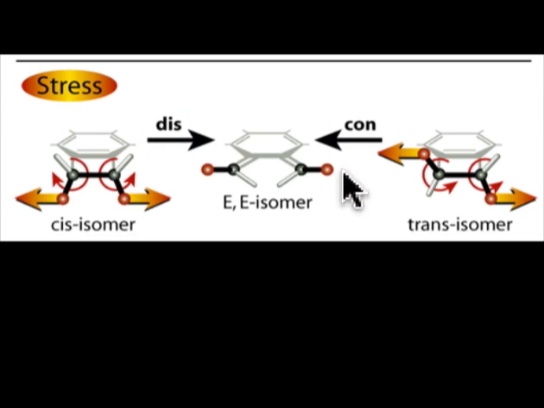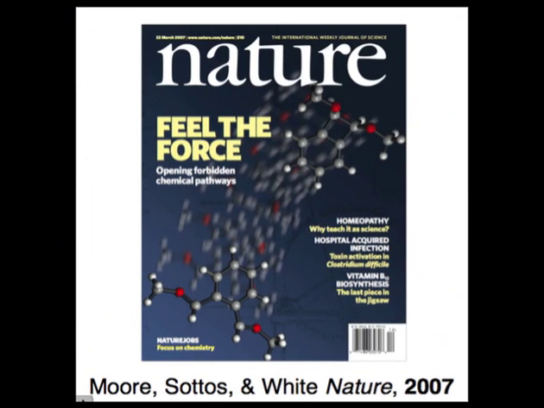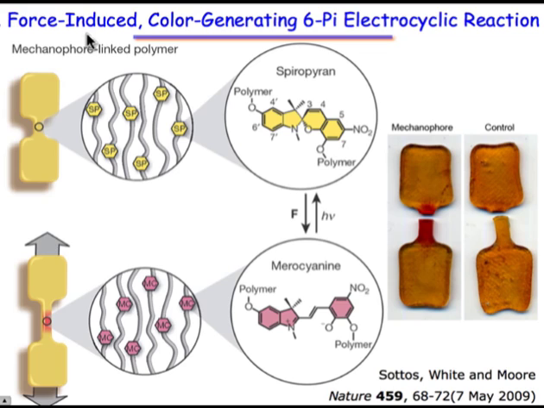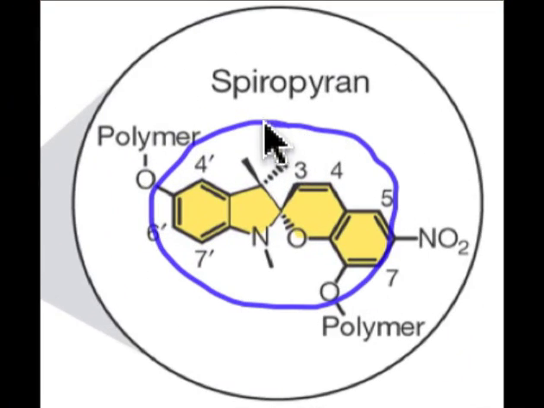What's really significant is that after we published this work in 2007, we learned that we could take this one step further and use force to generate a color by the 6-pi electrocyclic ring opening reaction that's described here. What we did is attach this molecule to the center of a polymer chain. This is a spiropyran.